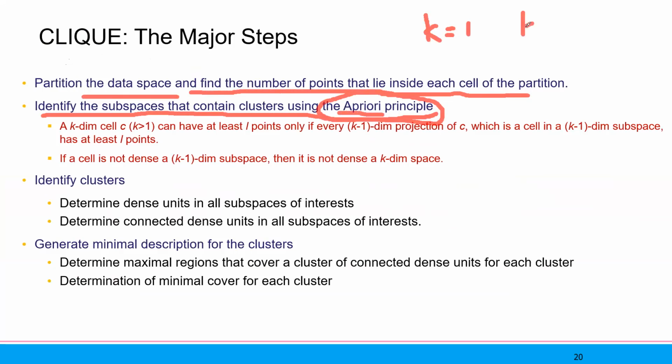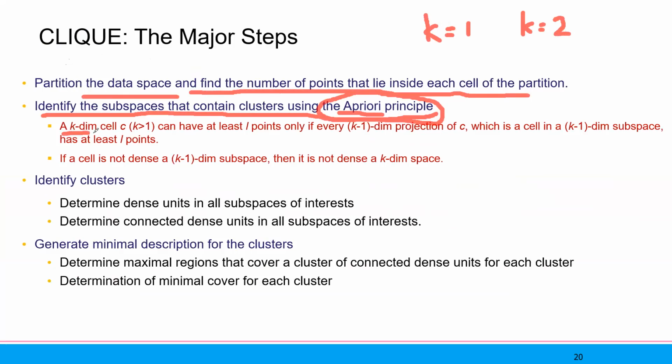And then we check K equals 2, whether it is frequent or not. So the superset and the subset. If the subset is not frequent, then the superset is also not frequent. So that idea is implemented also in CLIQUE.